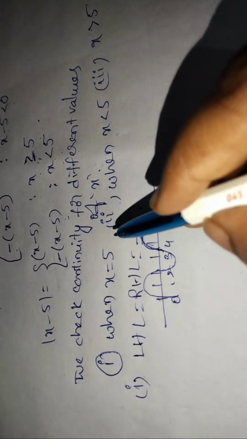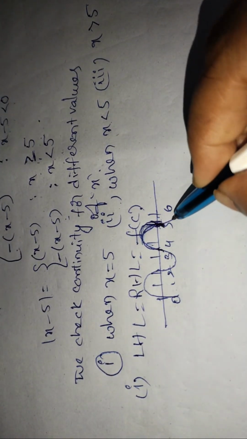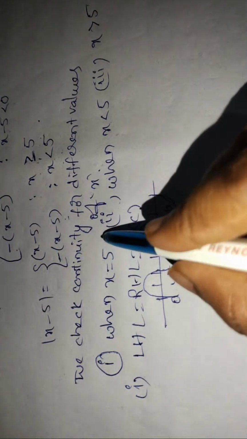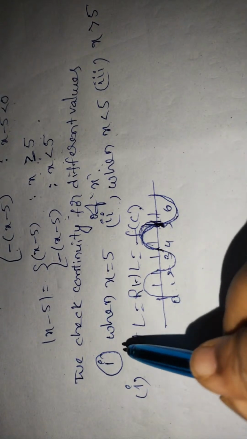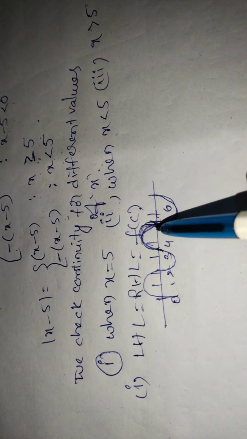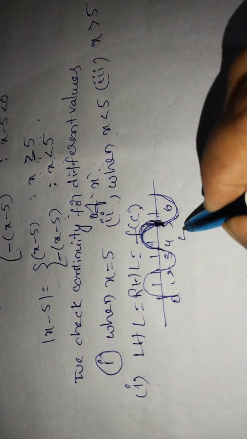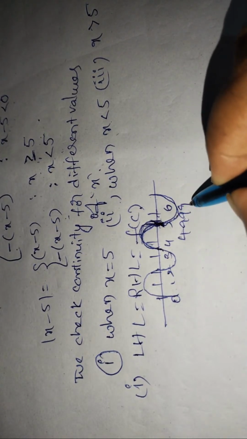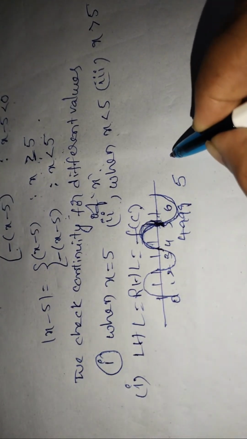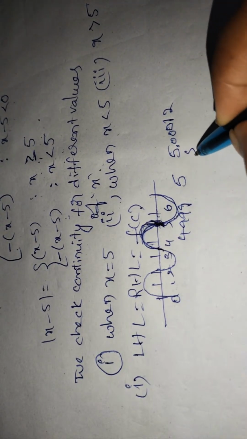But we are going to see continuity, so that's why after 5 also the points are there. The meaning of this is that before 5 means the left hand limit, and after 5 the right hand limit. Suppose I am taking 4.9999 before 5, and after 5 something like 5.001 or 5.1.